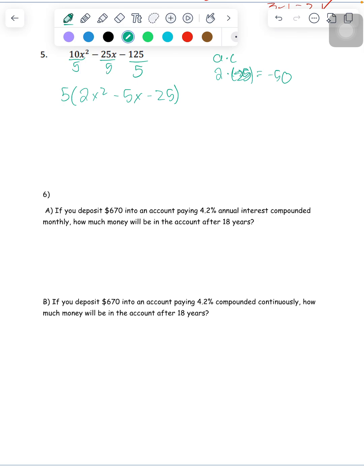So I'm going to have to look at factors of negative 50 that add up to negative 5, right? A plus C equals B. So I want factors of negative 50 that are going to add up to negative 5.